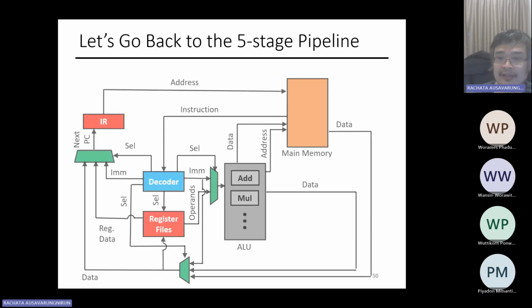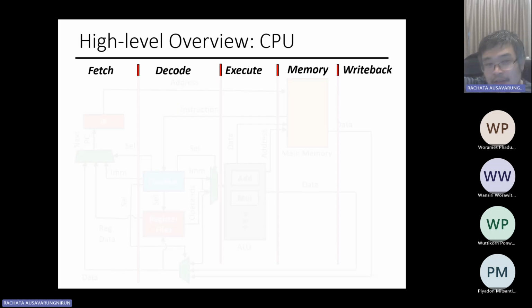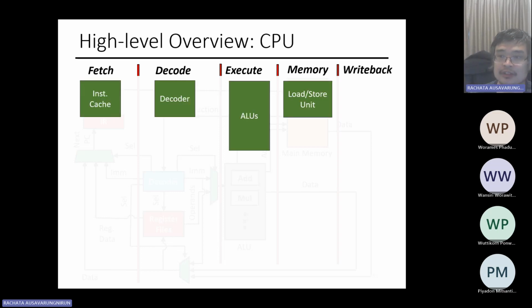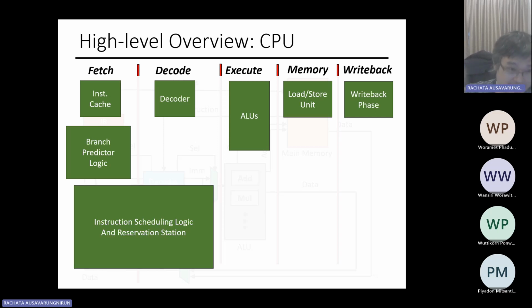Now let's go back to our five-stage pipeline, all right? Forget about everything else: fetch, decode, execute, memory, write back. That's what I want you to remember. I do fetch, and I have a bunch of structure added around fetch, decode, execute, memory, and write back. You can then have things like branch predictor logic to accelerate branches. You can have instruction scheduling logic, reservation stations, and a future file to accelerate the execution of one thread.